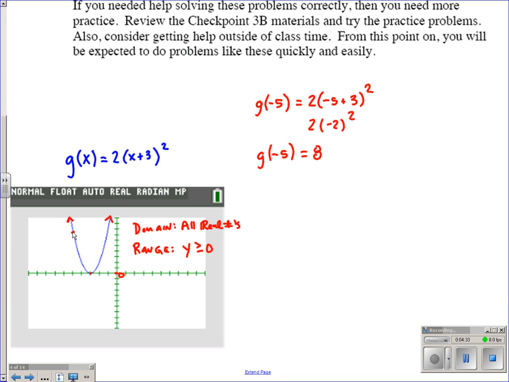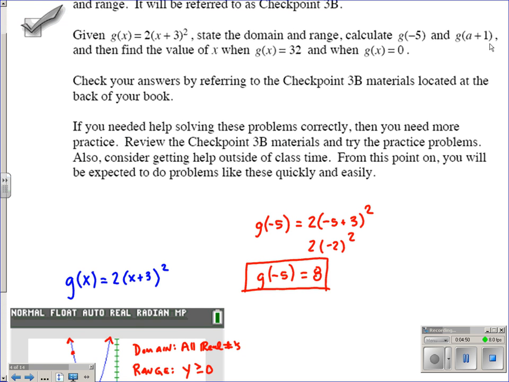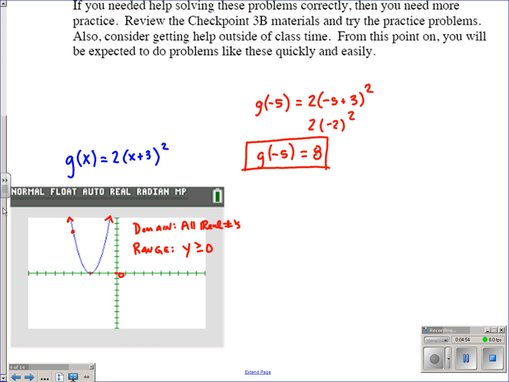And if you look on here, it looks like that's about what we got there. So that is our answer for that part. And then remember, it asked us to plug in a plus 1 as an input. Let's go ahead and do that right here.